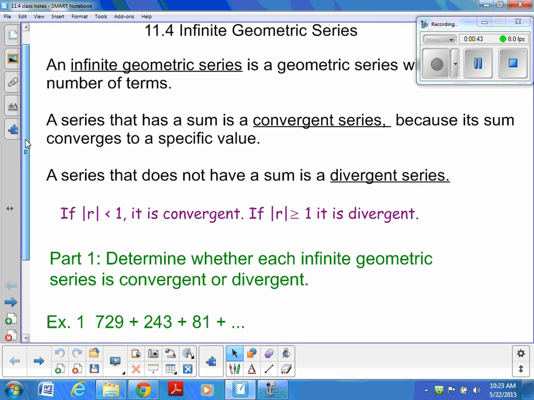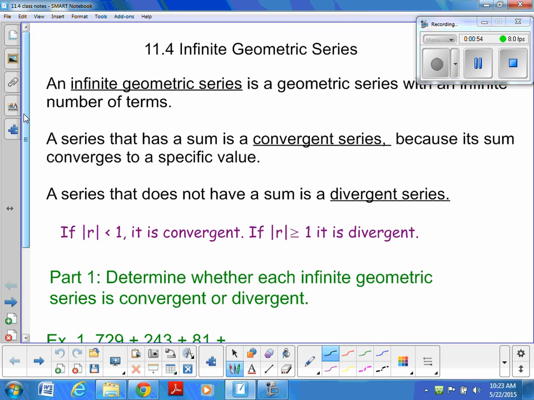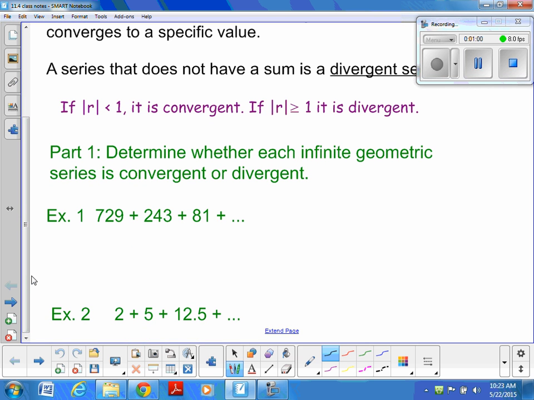Okay. Part 1, we're going to look at different infinite series. Infinite means it goes on and on and on forever. And we're only studying what today? Geometric. No arithmetic, only geometric today. So what's the quickest way to figure out what the ratio is?